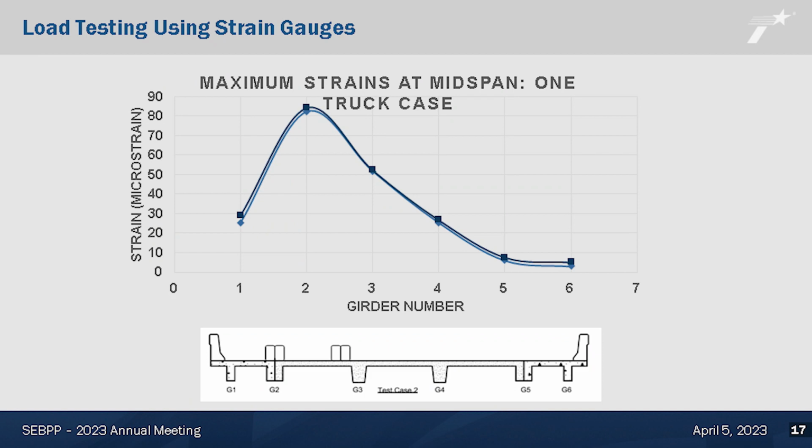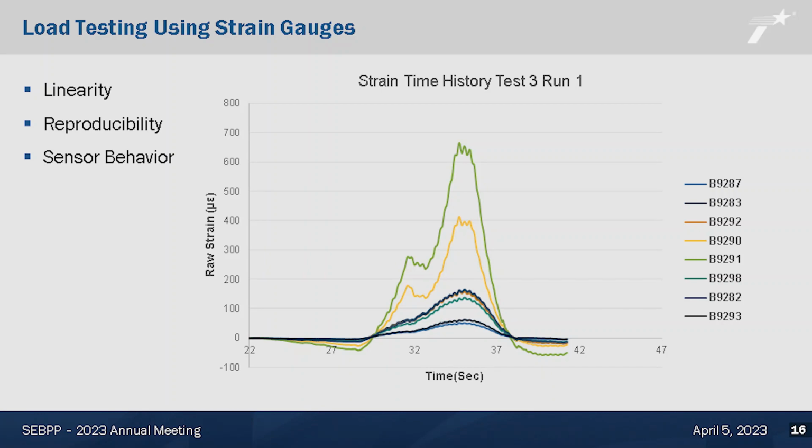This was something that early on in our instrumentation we didn't pay as close attention to, and so we'd leave the bridge and then we're processing the data and realized, you know what, something goofed up with our data or with the load, and we had to go back. So that's been a lesson learned from the years of experience that we've now built up. Here are some results of the response of the structure for the different loading scenarios, strain measurements for each of the girders.